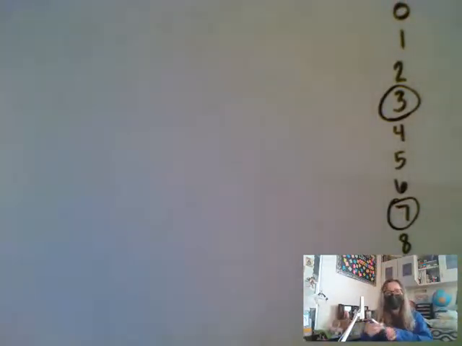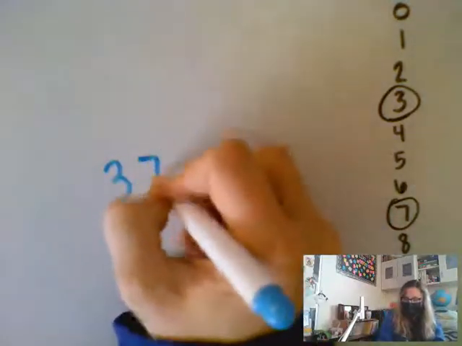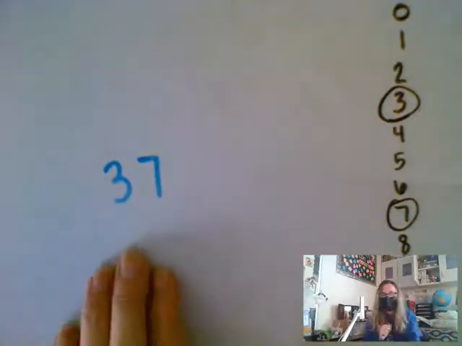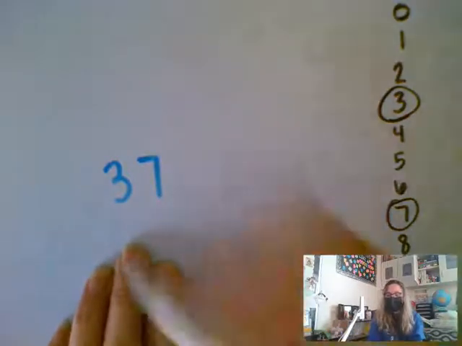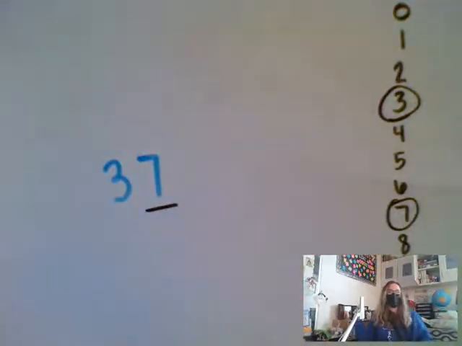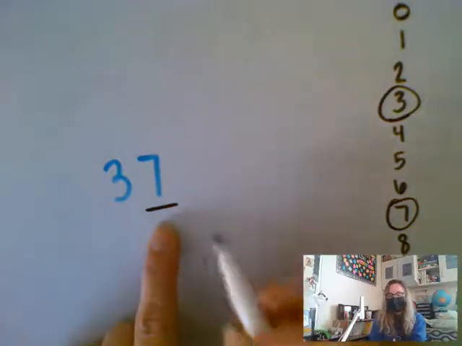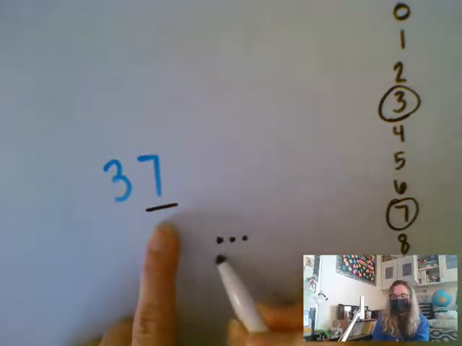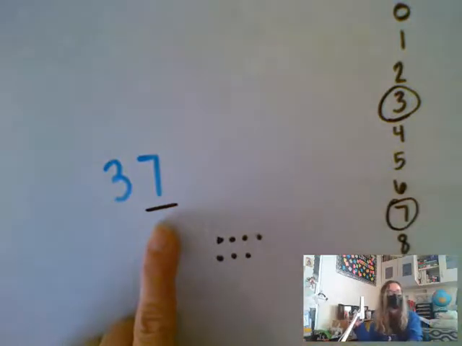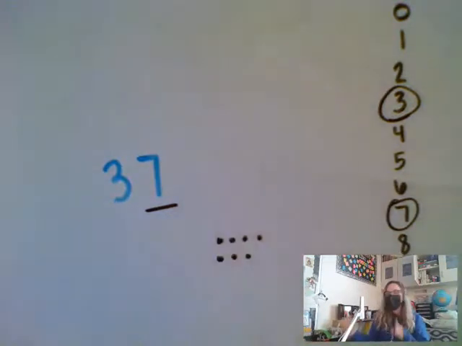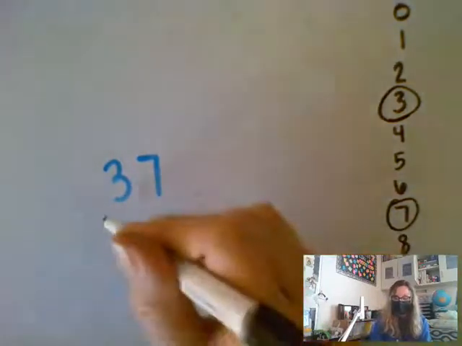So let's go back now to that number 37. If I were to underline the 7, did I underline the tens or the ones? Drew? The ones. So if I said, what is the value of the underlined number, you would tell me the value is 7. Now, what if I underlined the 3?